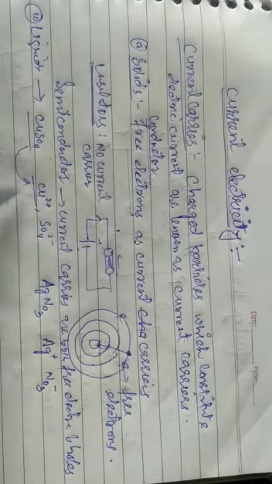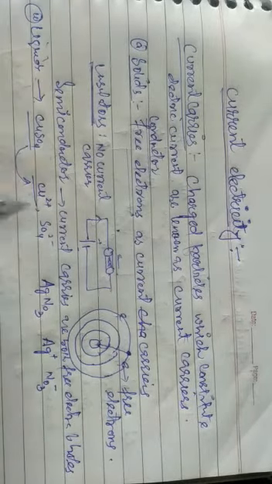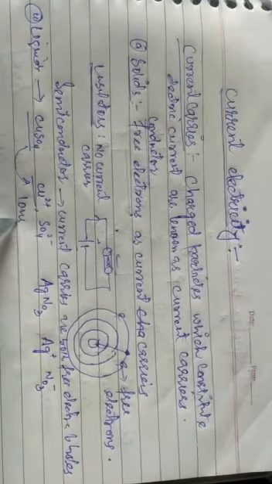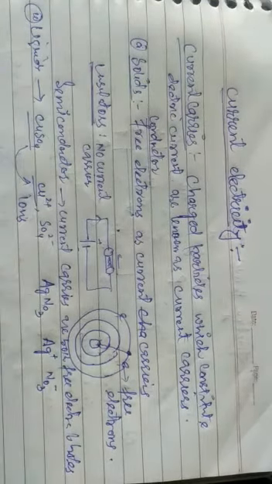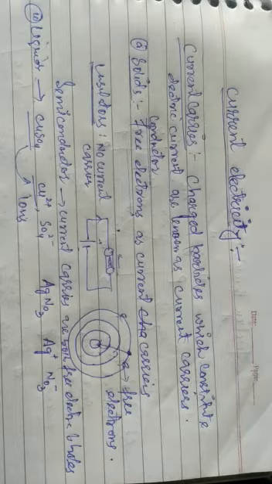These ions are called the cation and the anion. Once the electric field is applied, the positive and negative ions are the current carriers in liquids. These are going to move in different directions.